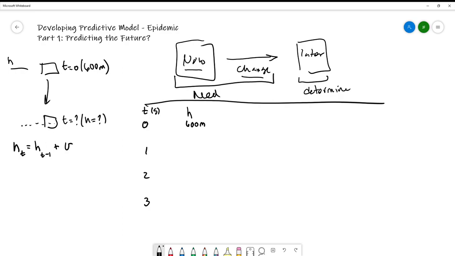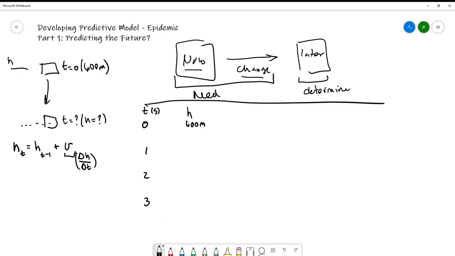So if it's moving downward, it'll have a velocity that's negative. But this velocity here is the change in the height divided by the change in the time. And so that's actually the definition of a velocity, change in position over change in time.